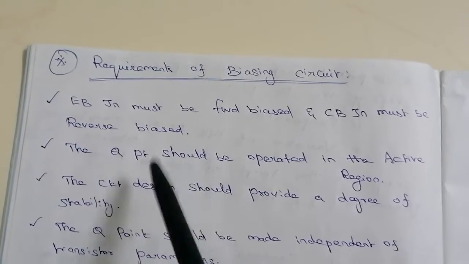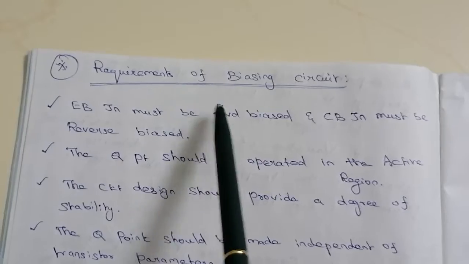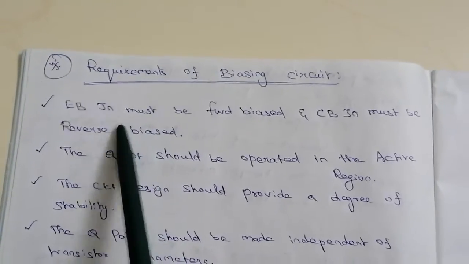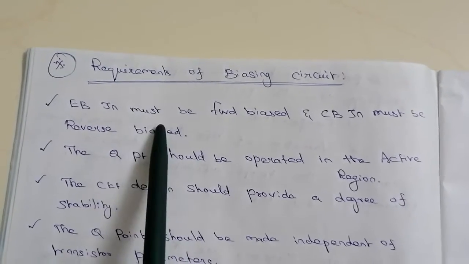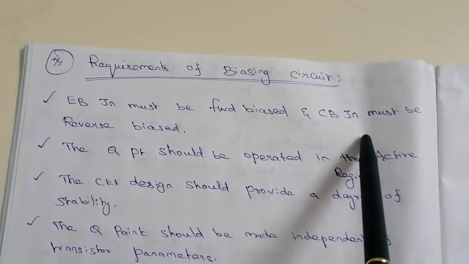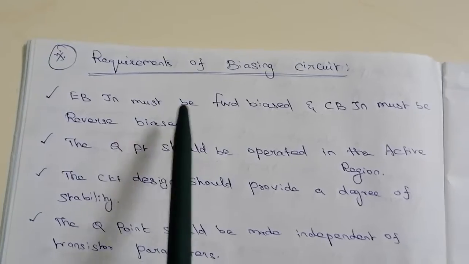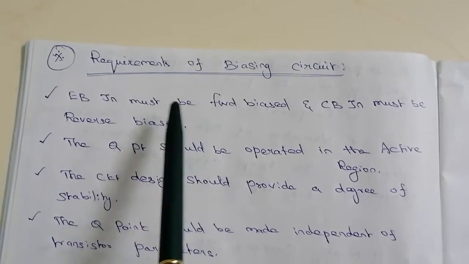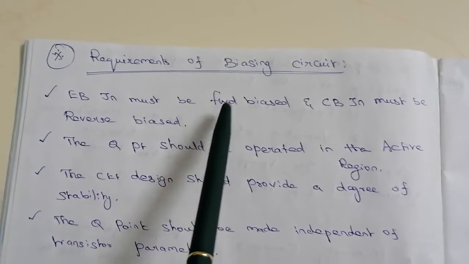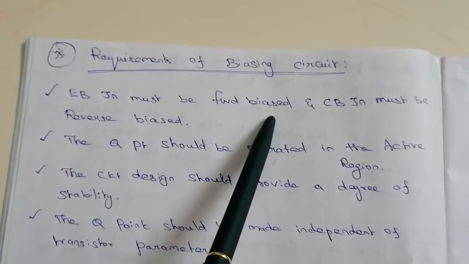So based on these definitions, we have concluded that the requirement of a biasing circuit is, first point, the emitter base junction should be forward biased and the collector base junction should be reverse biased. Okay, how can it be achieved? By applying an external DC power supply, with the correct polarity and magnitude.